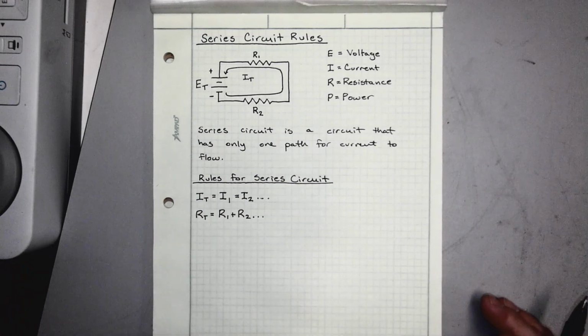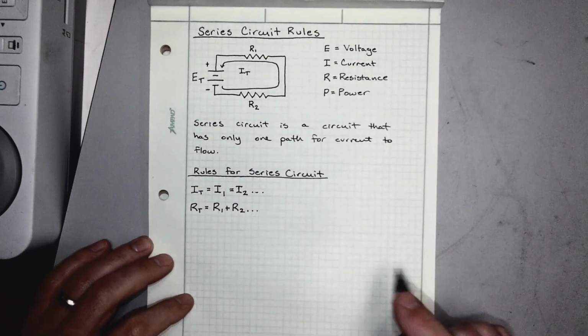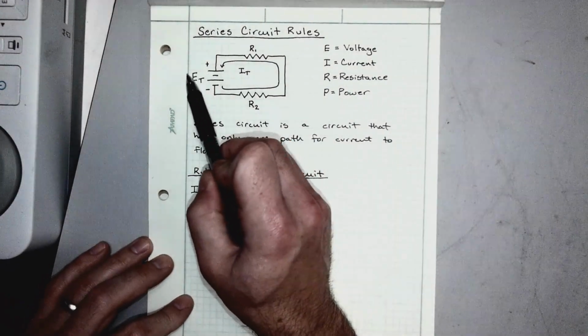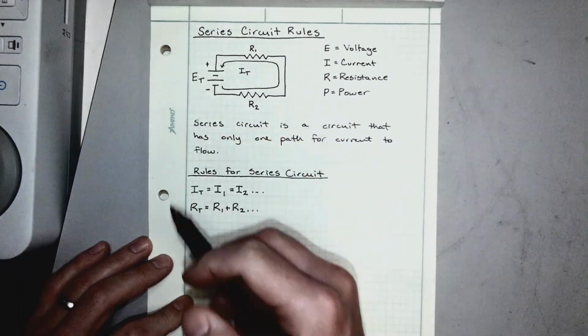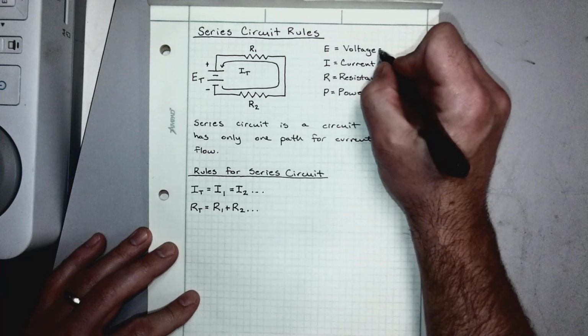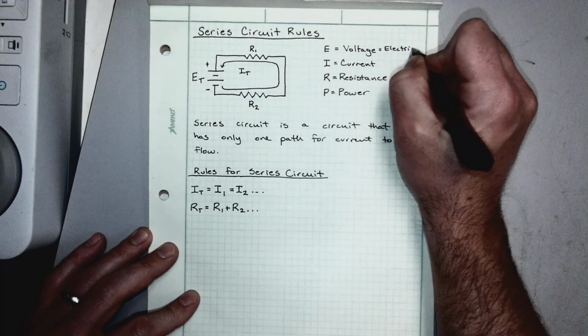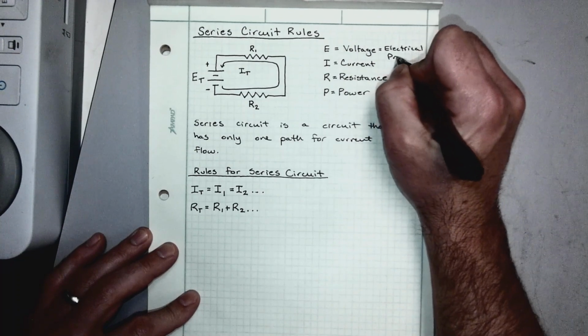Well, voltage and power are a little bit harder to explain. So what we'll do is we start out with a certain amount of pressure. And if we remember from the lecture, voltage can be considered like electrical pressure, right?